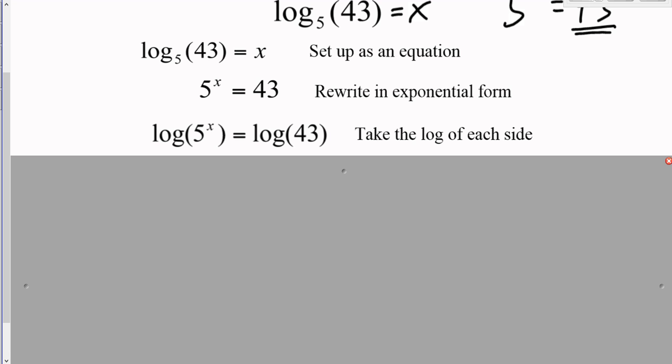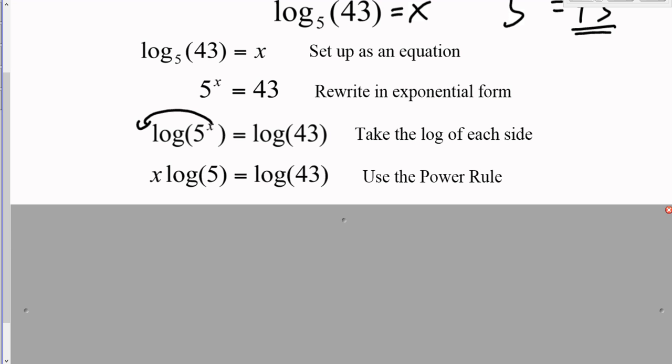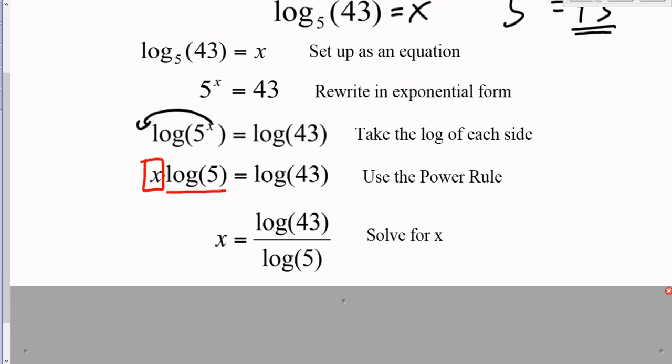So now that we have taken the log of each side, we can use our power rule and drop that down in front, and we get x times the log of 5 equals log of 43. Well, if we notice that this is multiplication here, to get x isolated, we can just divide out log of 5. Okay, so we have solved for x.